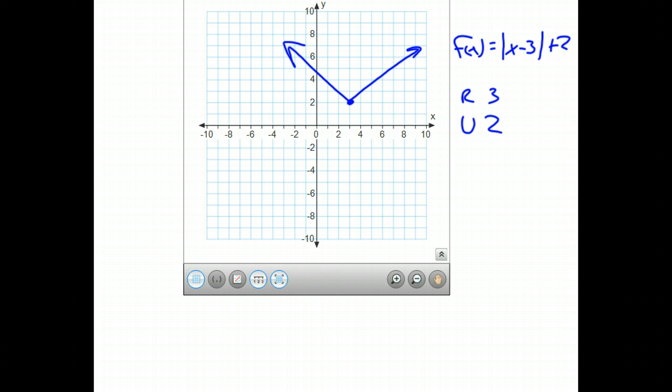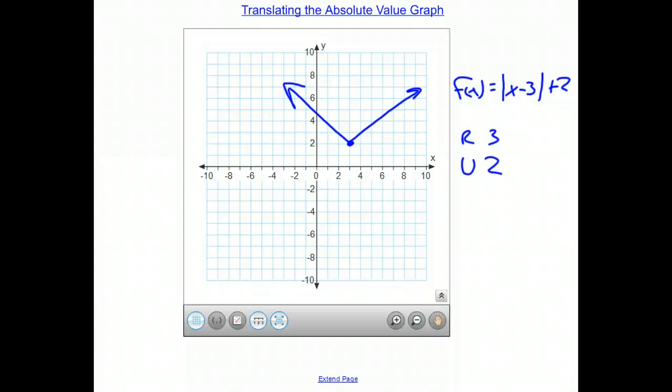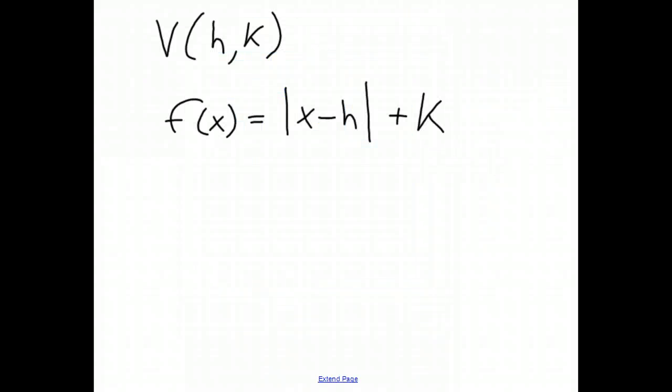The last thing I want to talk to you folks about today is being able to identify the vertex just by looking at a graph. Knowing where the vertex is can basically tell you how to graph it. So let's take a look. If we have a vertex at h comma k, and keep in mind, don't let h and k confuse you.